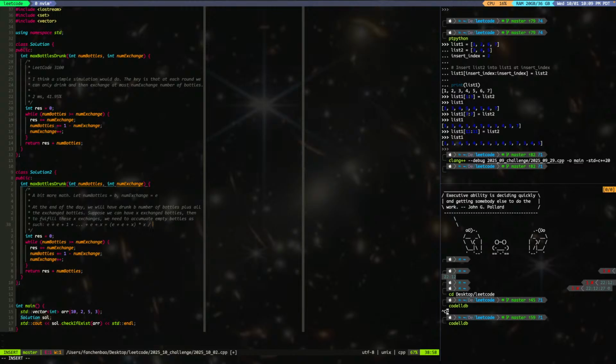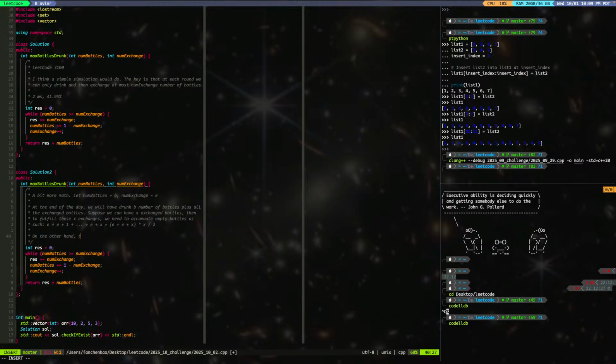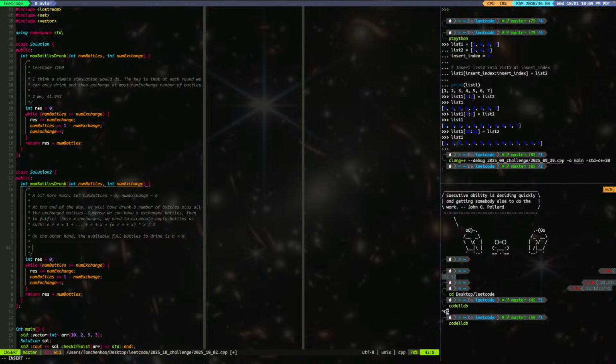On the other hand, the available full bottles to drink is B plus X. So this exchange scheme will end if B plus X is smaller than 2E plus X times X divided by 2.